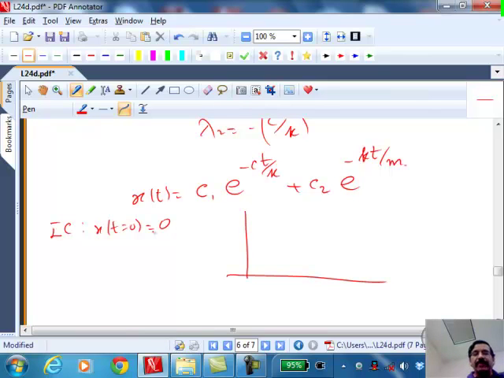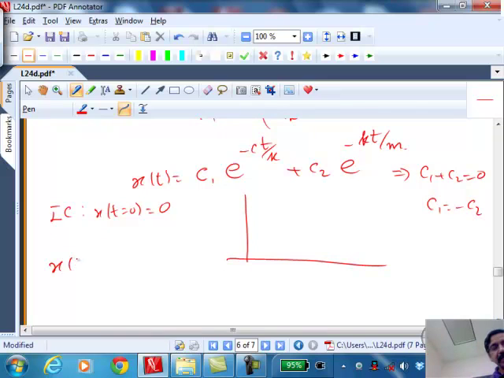So if I impose that condition, then you will find that when x equal to 0, if you put t equal to 0, you're going to get from this one c1 plus c2 is equal to 0. So c1 is equal to minus c2. Okay, so you can write that solution then x of t as equal to, let me replace c1 by minus c2. So it's going to be c2 times e to the power minus kt over m minus e to the power minus ct over k.